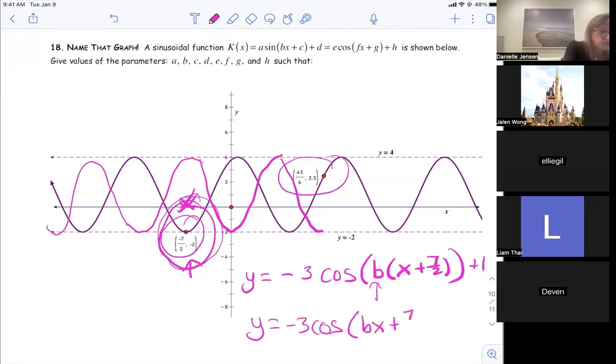If instead I wrote it like this, notice what happens if you plug in -7/2. Are you actually doing the cosine of 0 now? No. So that's your telltale sign that, uh-oh, I didn't do the shift correctly. So that's a case when I know the horizontal shift based on the points I have. Does that make sense so far?